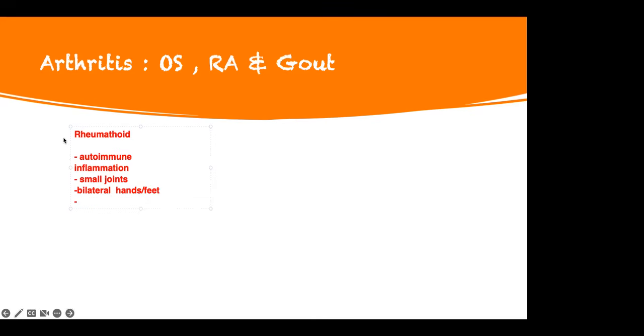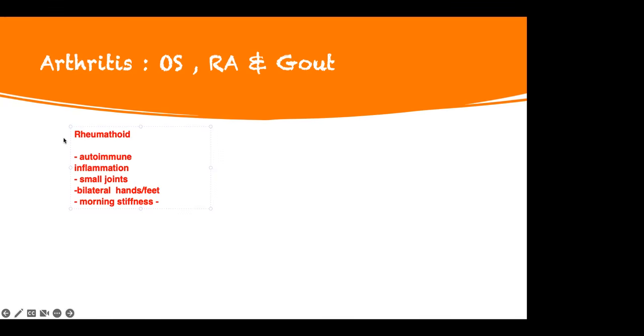Their stiffness is very important. Morning stiffness. Morning stiffness, because they are not moving the joint. That's why these people, movement of the joint helps them rather than keeping it at rest. So when they don't move the joint, it gets stiff.